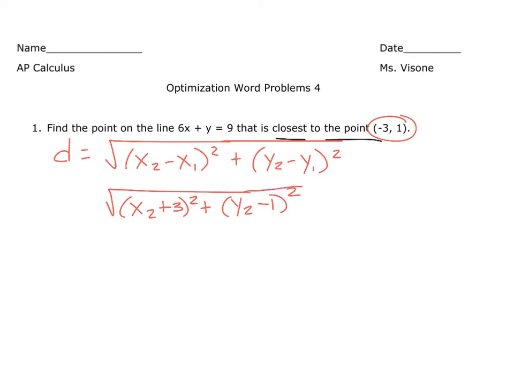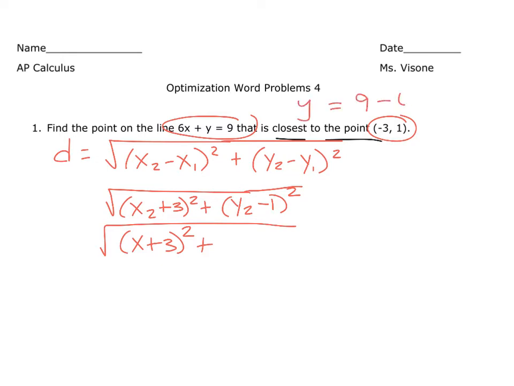But now, remember, we need only x's or only y's in the problem. If I solve the line equation, I get y equals 9 minus 6x. So I'm going to substitute this in, 9 minus 6x minus 1.